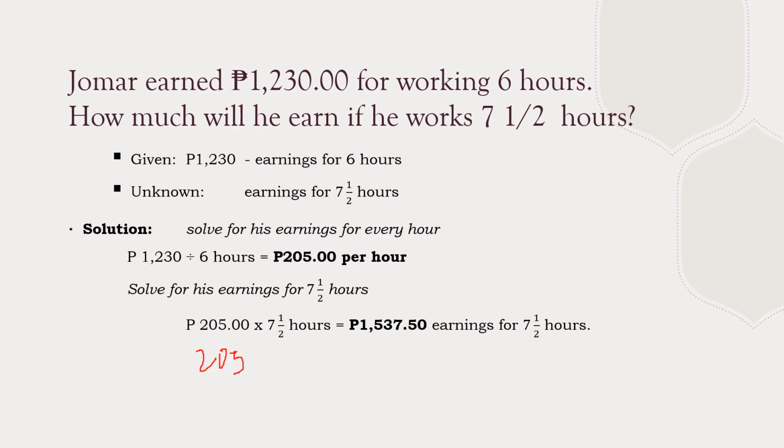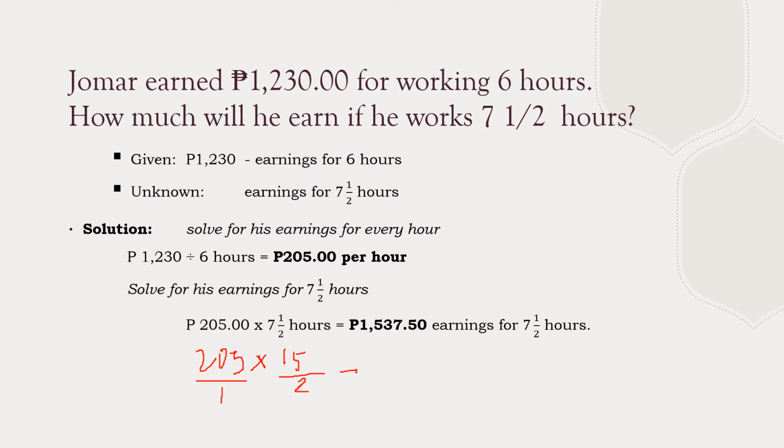So 205 times 7 and 1/2. Now let us first convert this into an improper fraction that will become 15 over 2. And then this one, 205, let us put the denominator 1.